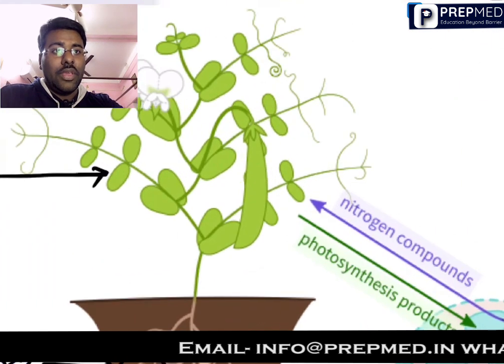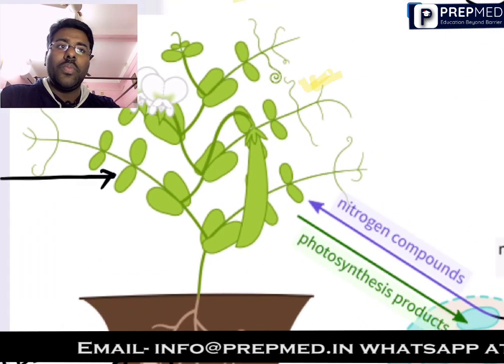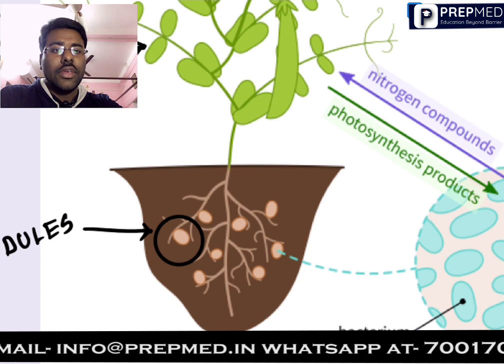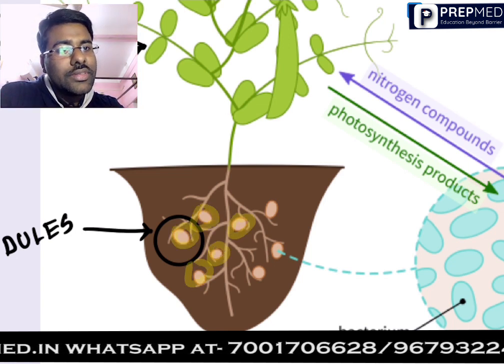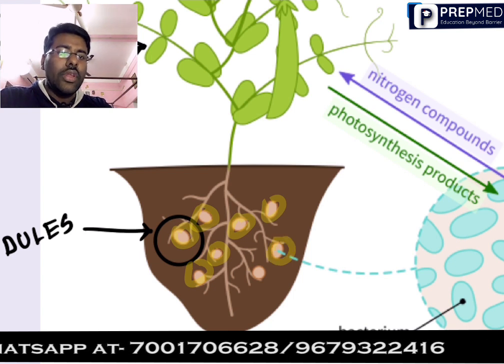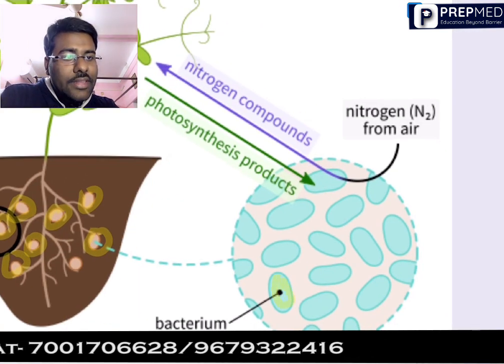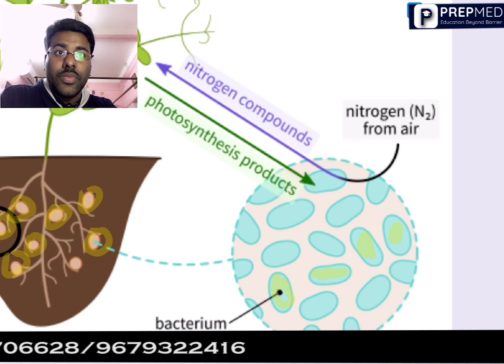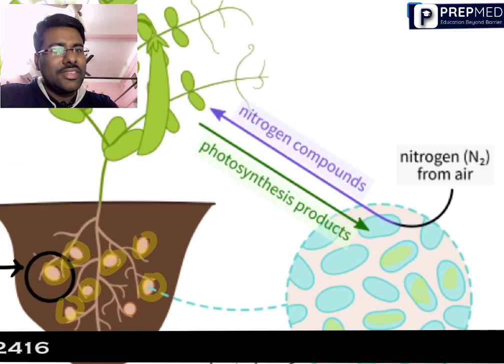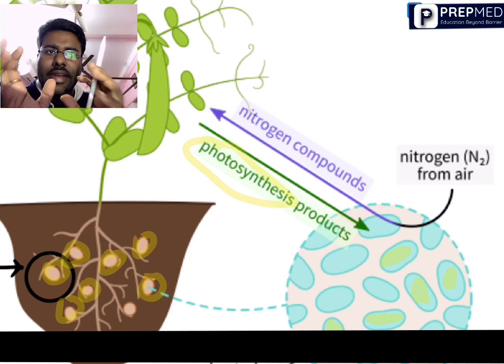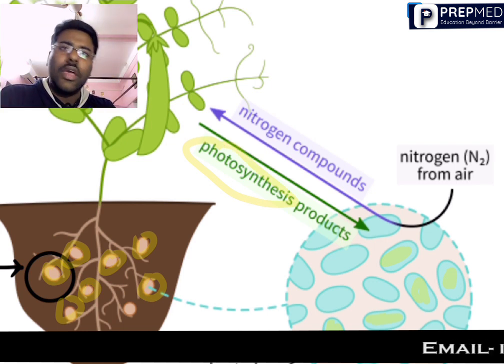Why? Because this is the legume plant, and in the root clearly notice there are the nodules. When I zoom in, in these nodules there are the bacteria, the Rhizobium. The plant cooks, or photosynthesizes, and gives the photosynthetic product, the carbohydrate, to the bacteria.